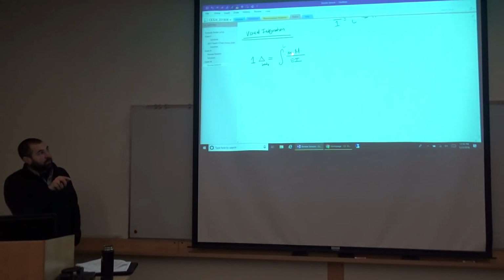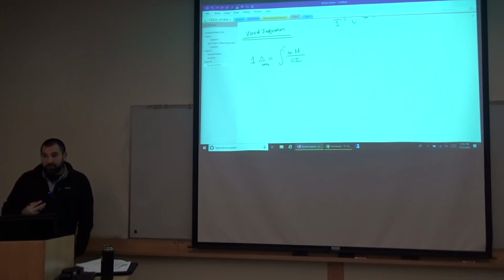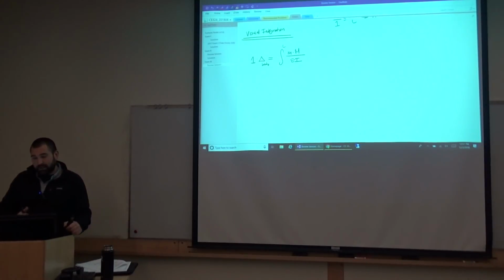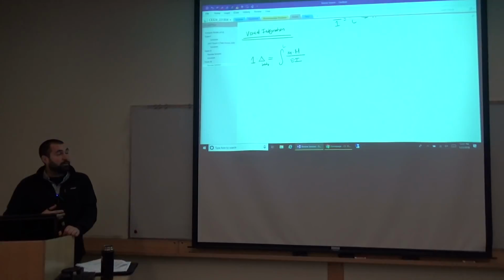If it's easy to find the moment equations, this is a fine way to do it because you're always dealing with a definite integral. So you can plug it into your TI-36X, no problem whatsoever, and get an actual number for it.